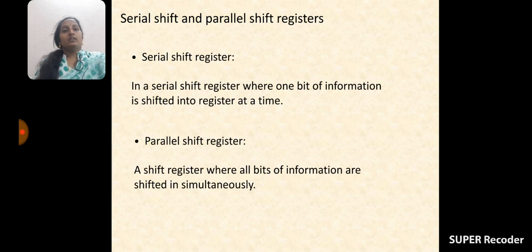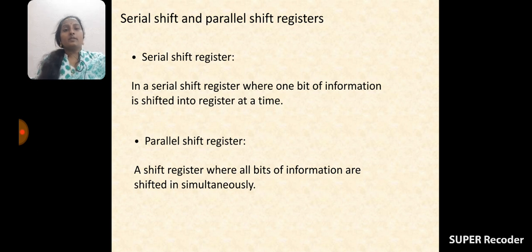And here the definitions of serial and parallel shift registers are there. Once check. In serial shift register, 1 bit of information is shifted into the register at a time. I already explained all this, but once check. So what is meant by serial shift register? Here the data must be shifted bit by bit only. At the same time only one bit is shifted.